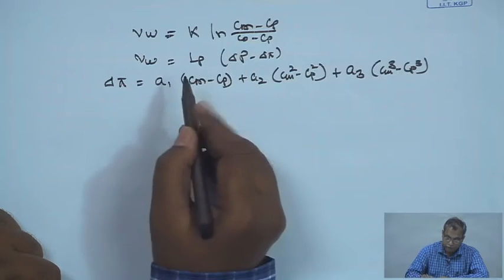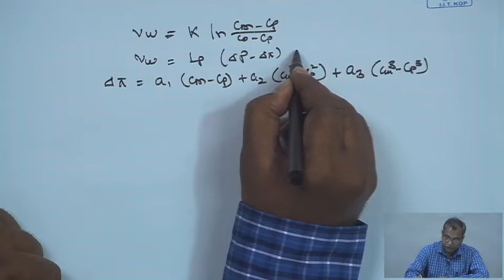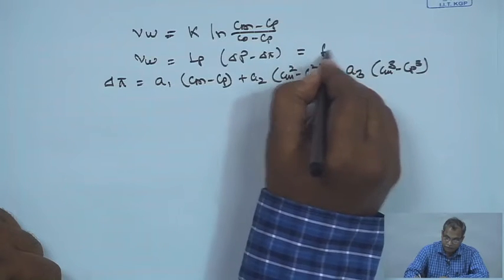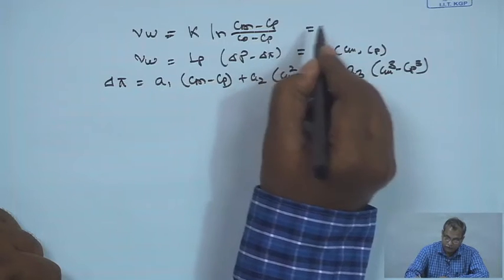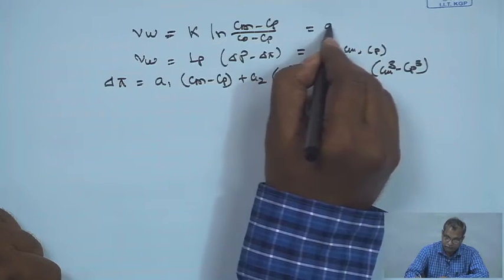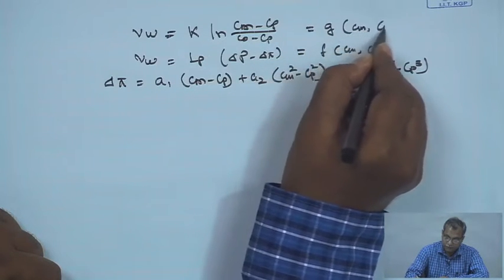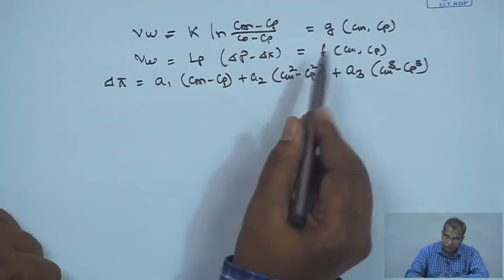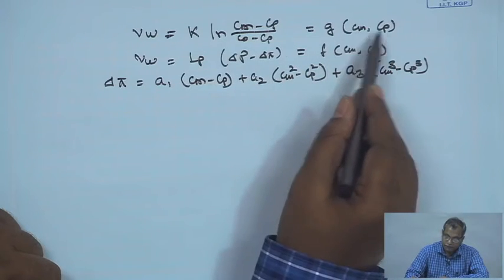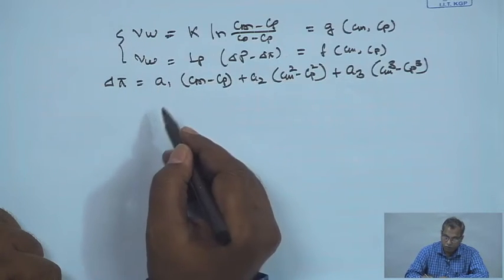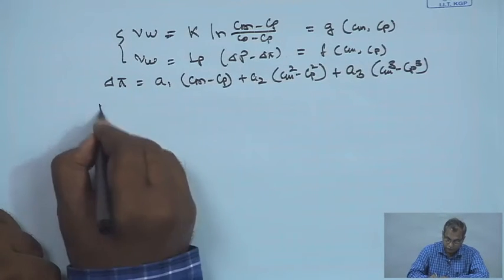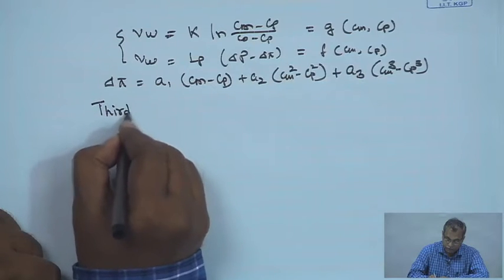So this equation can be expressed in terms of Cm and Cp, and the other equation is also expressed as another function of Cm and Cp. But there are three unknowns, Cm, Cp and Vw, and we have two equations. So we need one more equation. What is the third equation? Let us look at what it is.